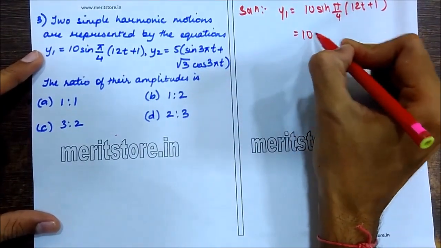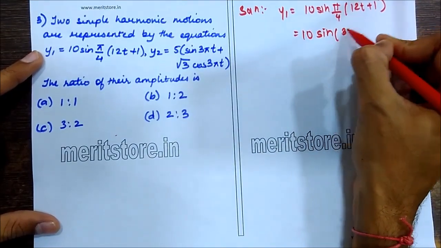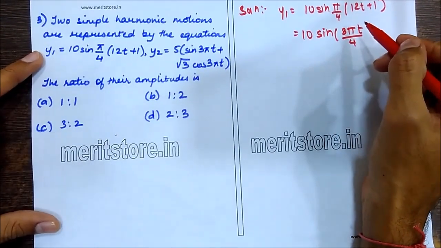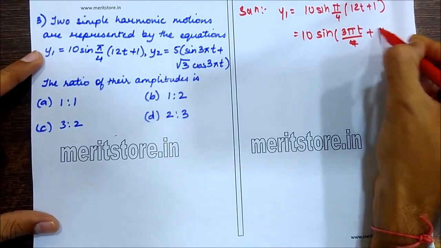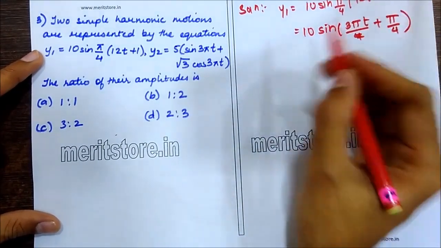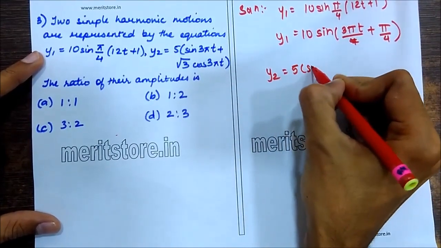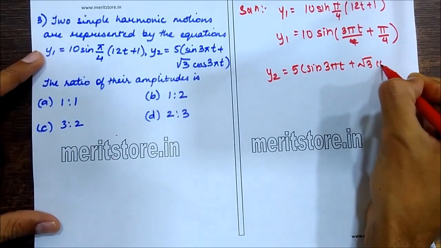So we can make this as sine of 3 pi t plus pi by 4. Okay, next y1 becomes this.